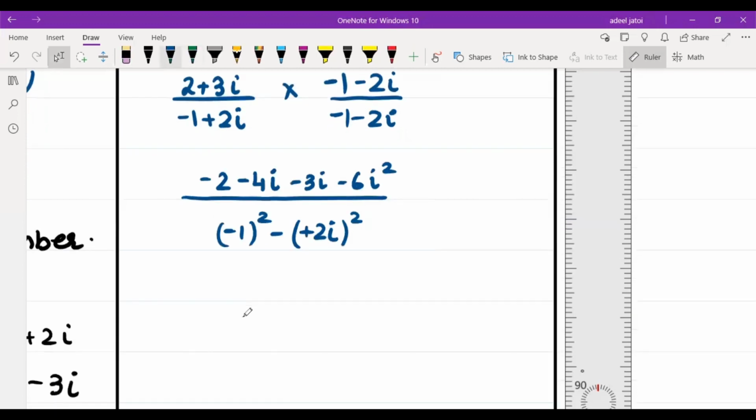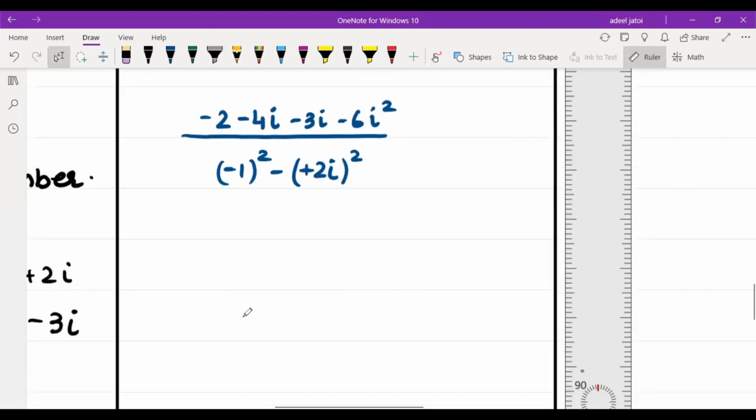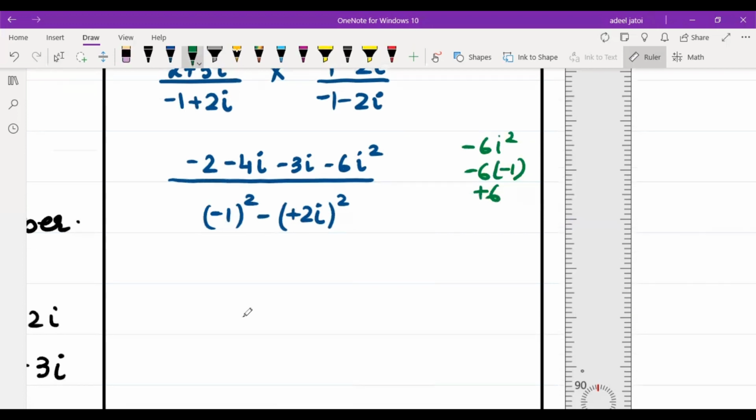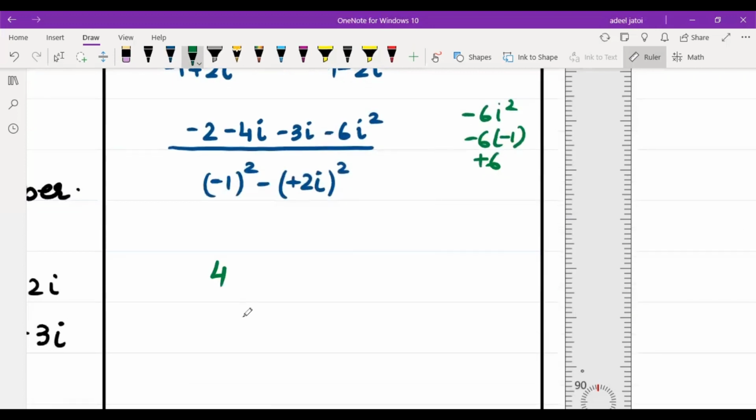When we further solve this, we should understand that minus 6 iota square will be negative and negative 1, which means plus 6 will be taken into consideration. When plus 6 is taken into consideration, minus 2 plus 6 will be 4. Whereas minus 4 iota minus 3 iota will be minus 7 iota upon.